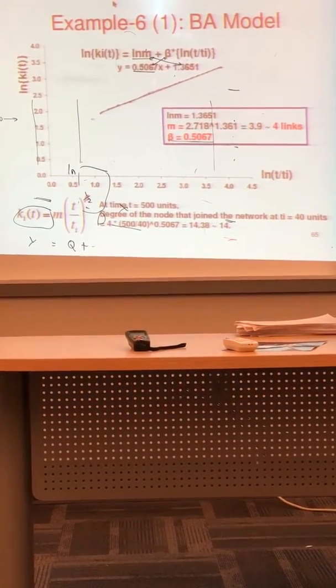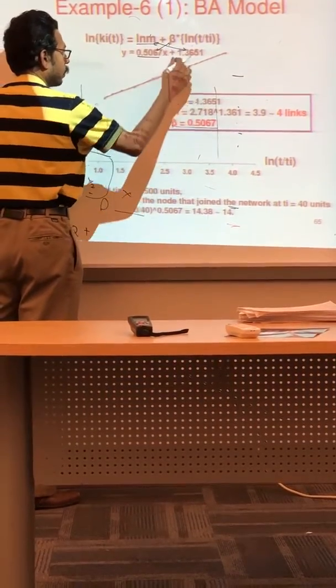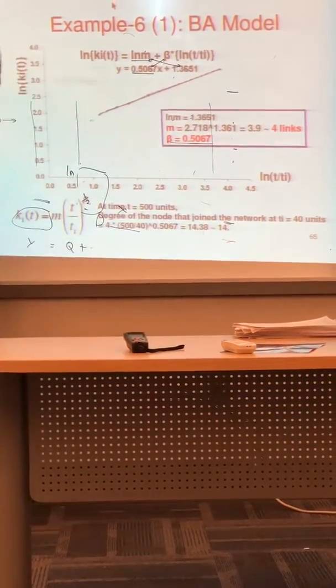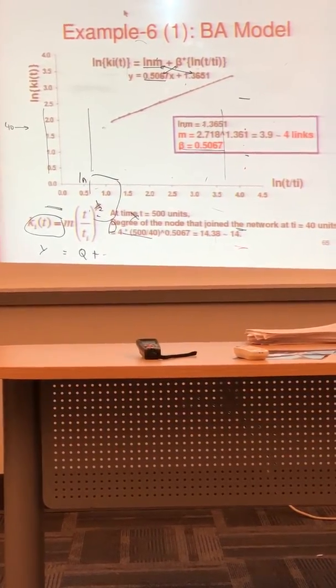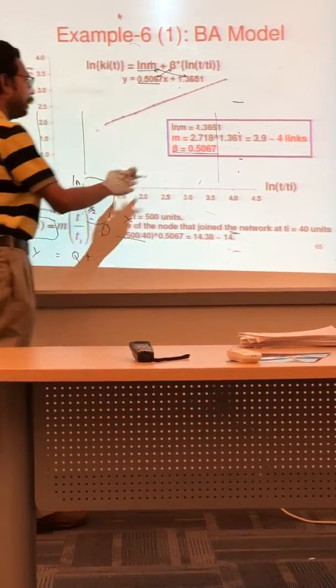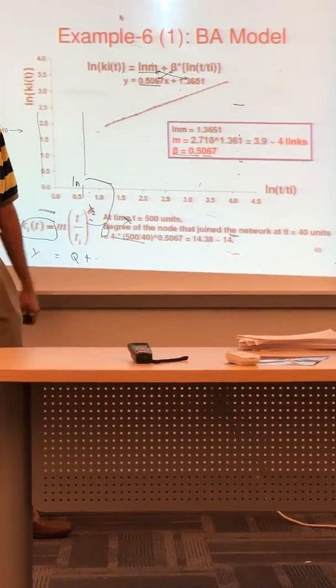So the other unknown, m. How to get that? Log m is this, 1.3651. So once you know that, you can find m. How do you do that? m is e to the power 1.3651, the base e.